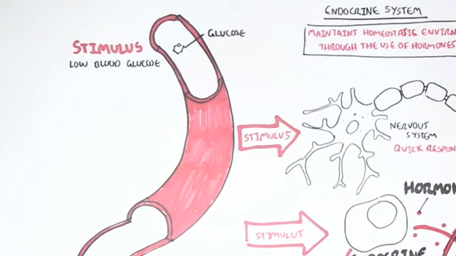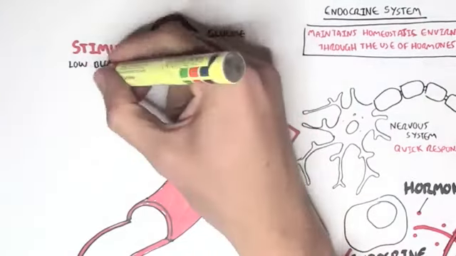Glucose is a source of energy for tissues in our body. So low blood glucose is a stimulus. And the body will have to try to fix this to maintain homeostasis. So it will try to increase blood glucose levels. And this is when the endocrine system kicks in.